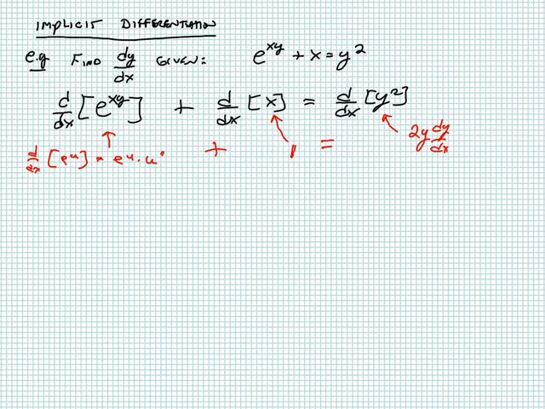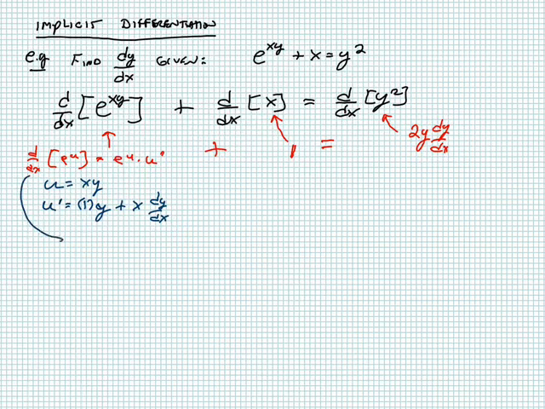Okay, so in this case, our u is going to be xy, and then u prime is going to be the derivative of xy. Now, for xy, we're going to have to use the product rule. So it's going to be the derivative of x, which is 1, times y, plus x times the derivative of y, which is dy/dx.